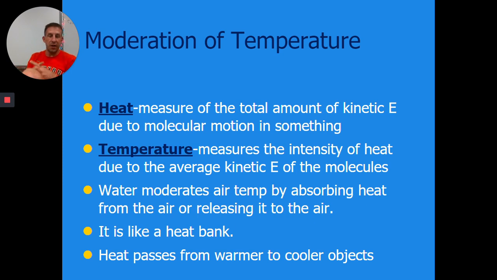We'll talk about ice in a little bit. As a result, the ice is sucking the heat out of the drink. So it's a neat way of reminding yourself how heat moves.